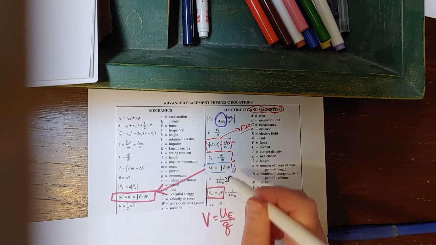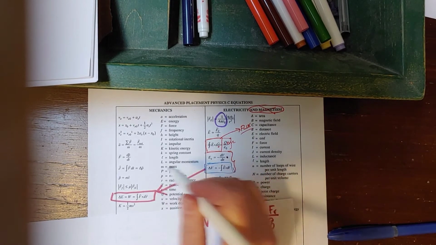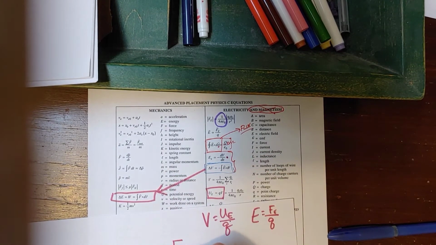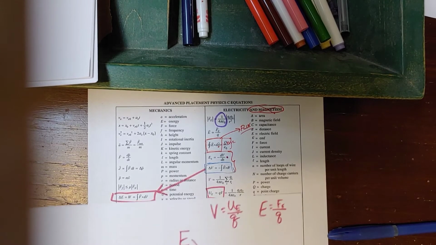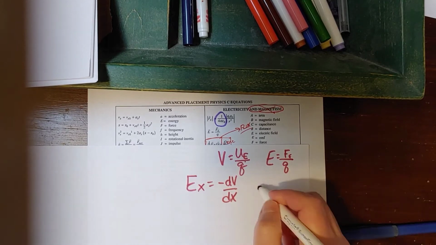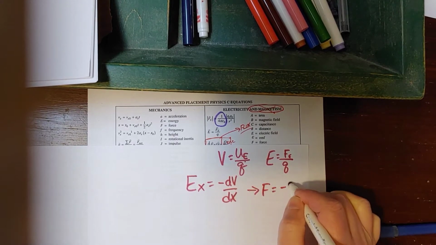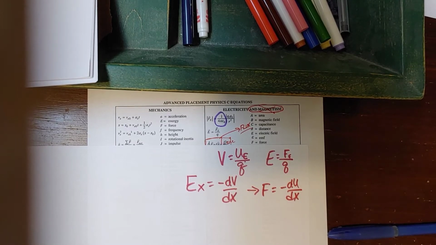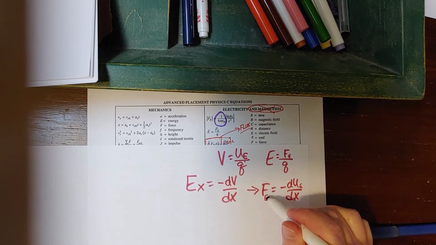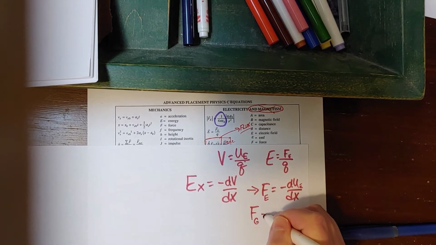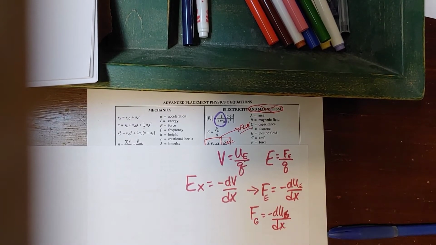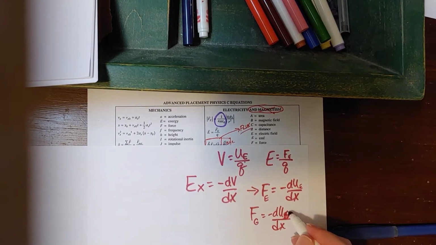But there is an equation here, which is not on here, which the counterpart is not on here, that is useful. E sub x equals negative dV/dx. We also had this counterpart, and this is good for an electric potential energy and the electric force, or it's good for the gravitational potential energy, okay?